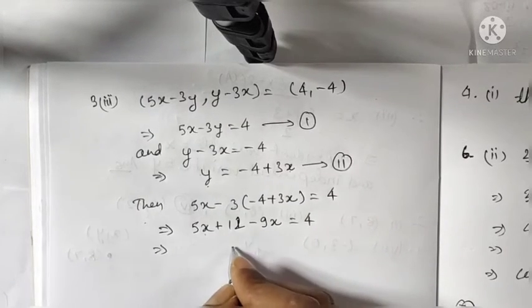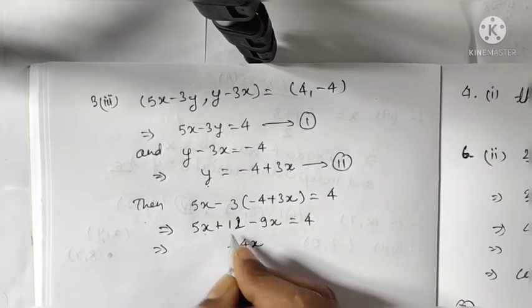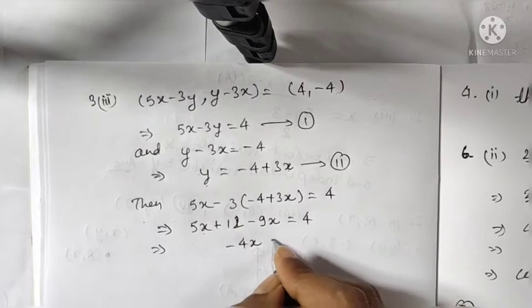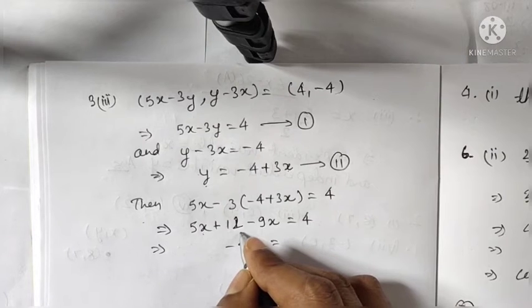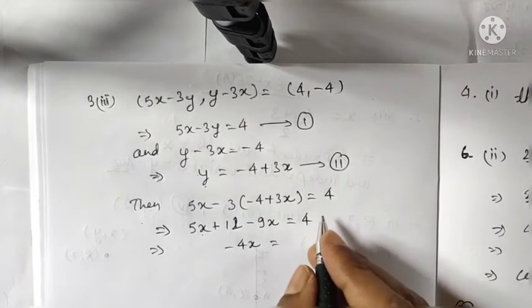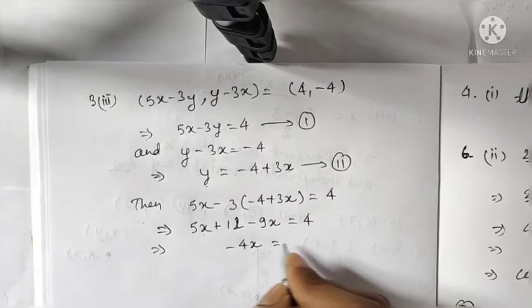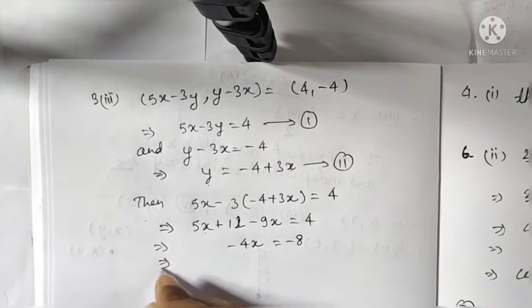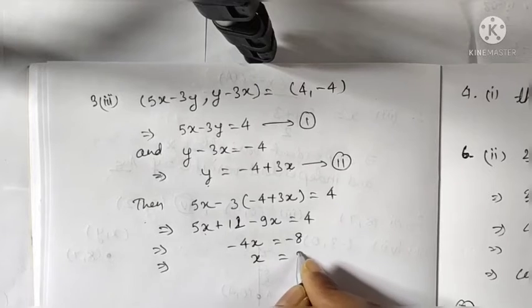That implies 5x minus 9x becomes minus 4x plus 12 is equal to 4. Then minus 4x will be 4 minus 12 when we take 12 from the left side of equal to the right side of it, which becomes minus 8. That implies clearly the value of x is 2.